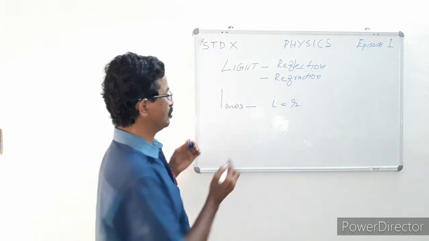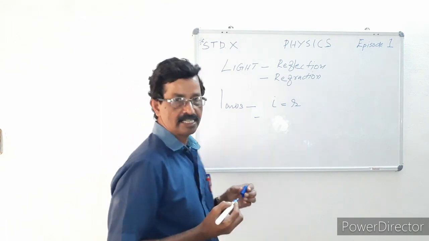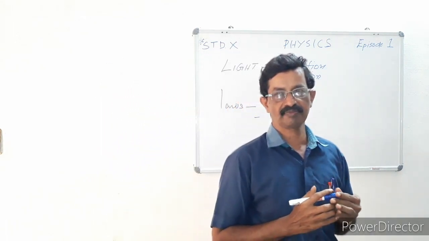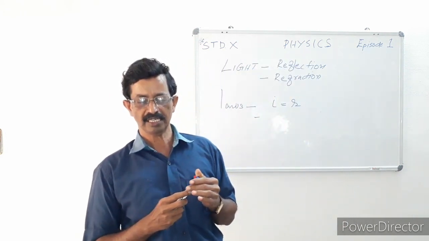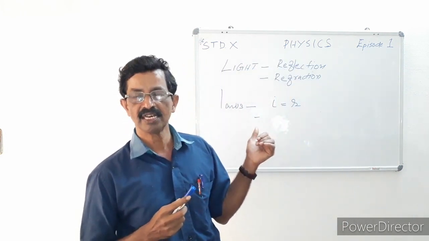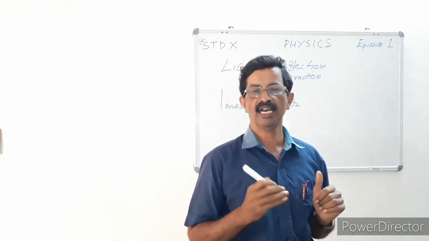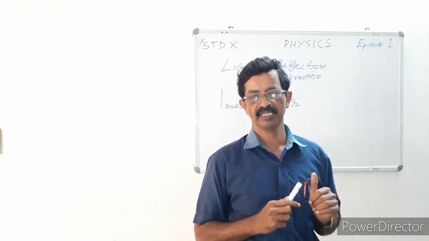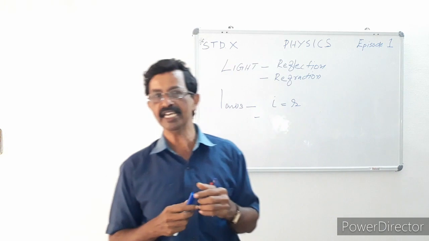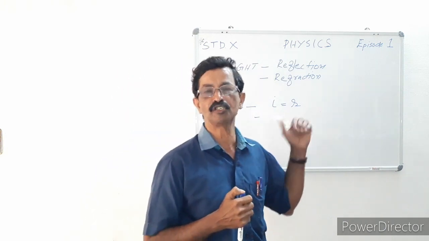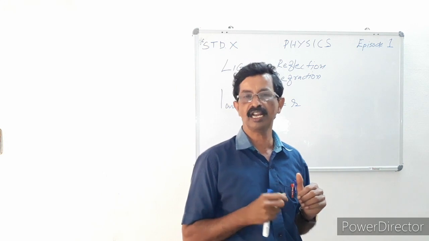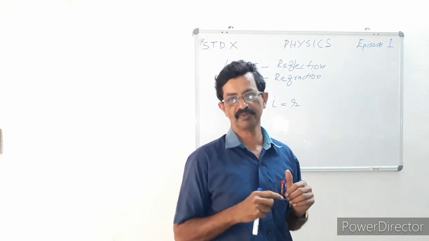And the second law is that the incident ray, the reflected ray, and the normal at the point of incidence on the surface lie on the same plane.